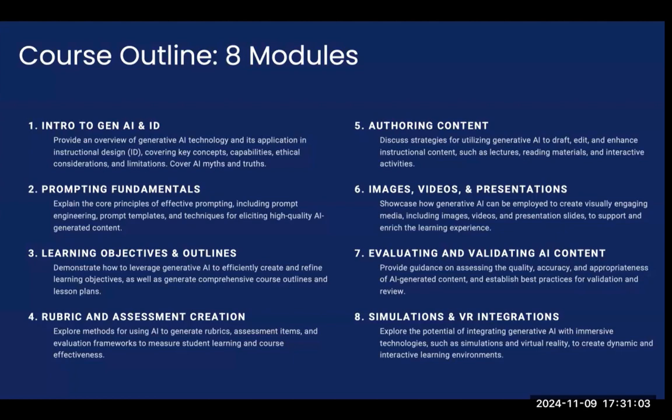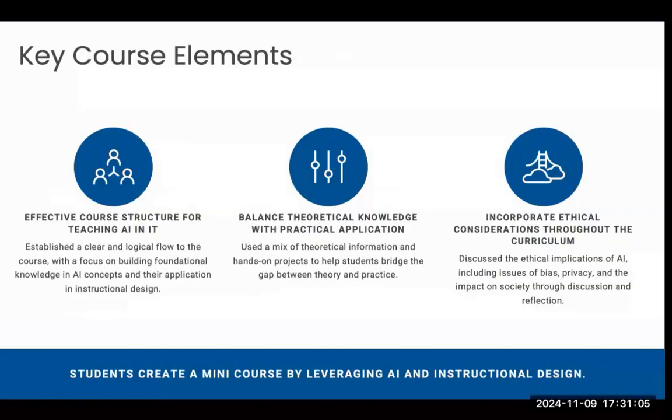So the course structure balances effective organization of different kinds of AI concepts, and it balances theoretical knowledge with practical application, and it also incorporates ethical considerations throughout the entire curriculum.